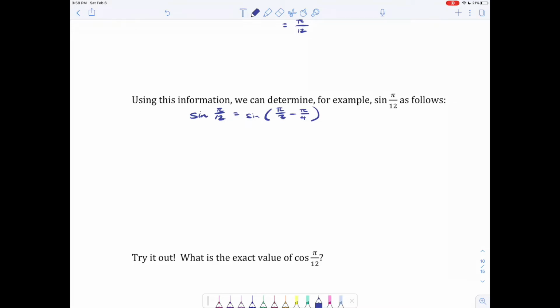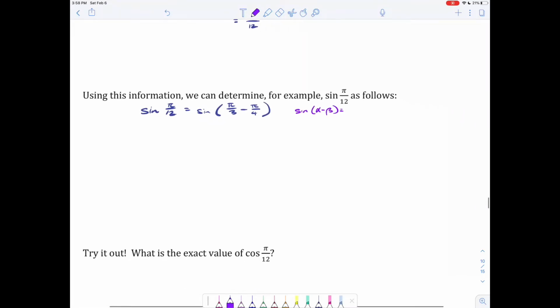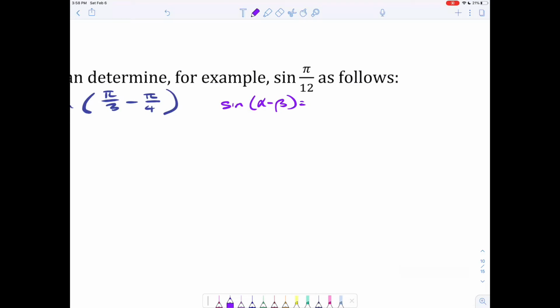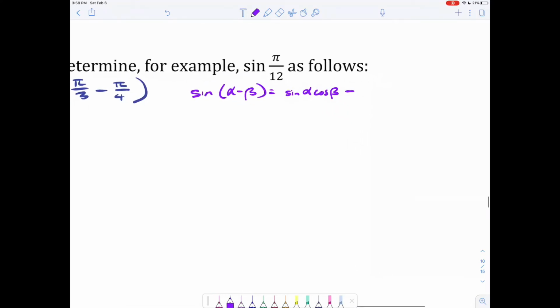What we're going to do from there is use the fact that if we have sine of alpha minus beta, we can express it as sine alpha cos beta minus, I'll check the formula sheet, pretty sure it's minus, sine beta cos alpha.